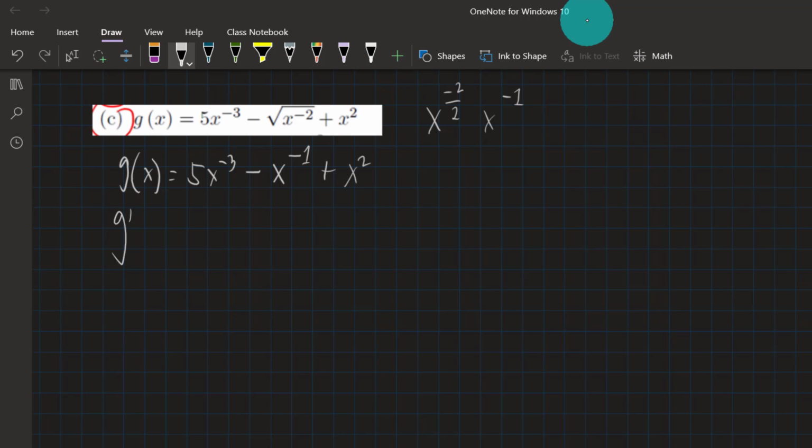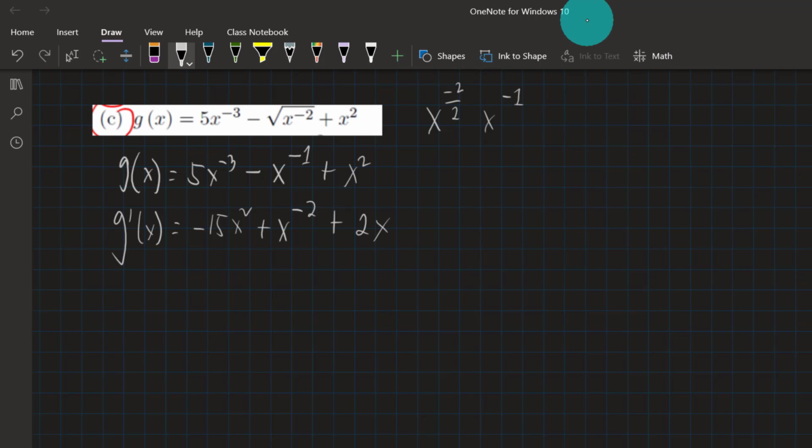Now, we can now find the derivative. So, g prime of x is equal to negative 15x squared plus negative 1 times negative, maging plus yung katabi ni x, and then x raised to negative 1, magma-minus 1 ka, maging negative 2 plus 2x.